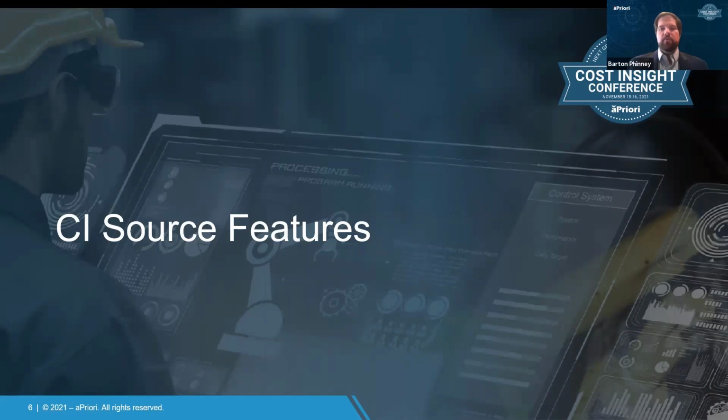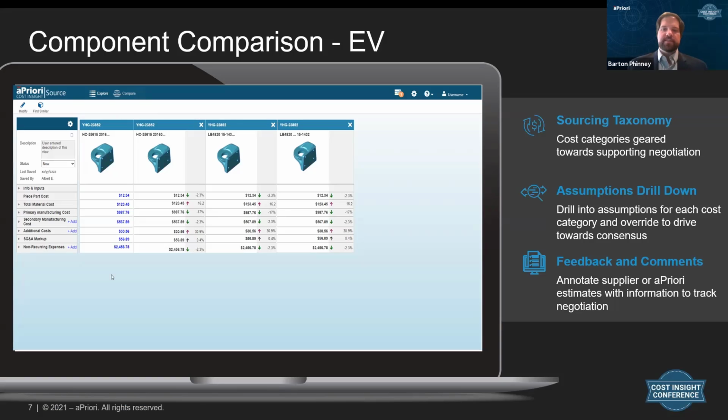So let's look at a little bit more detail about the features we just covered that we are planning to release. The sourcing cost taxonomy is a shift from our traditional cost taxonomy and is more aligned to the information provided by suppliers.